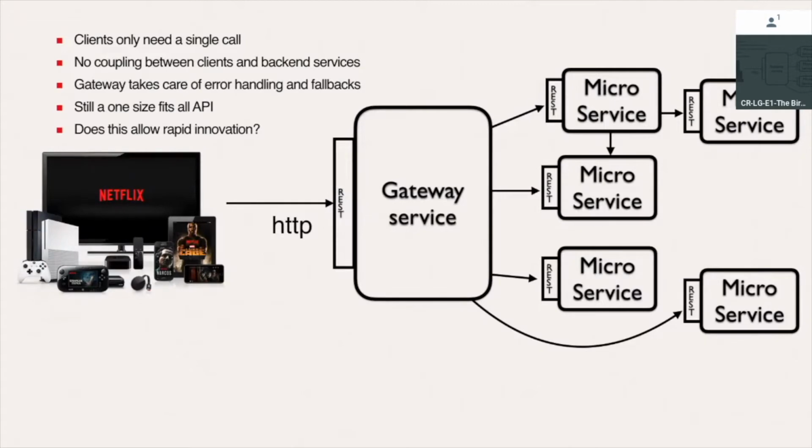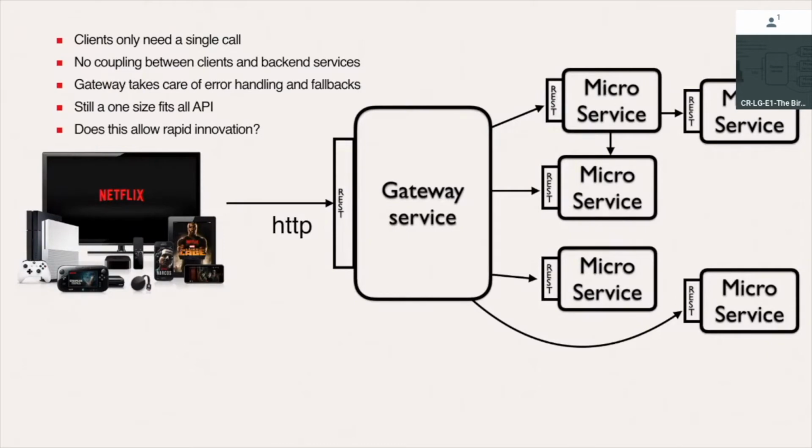You can't tailor it specifically for one device, because if you tailor it for that one device, it will be suboptimal for the next device. So it's a lot better than the previous model, but you still have limited flexibility on making changes on this side, because we have this one big API.